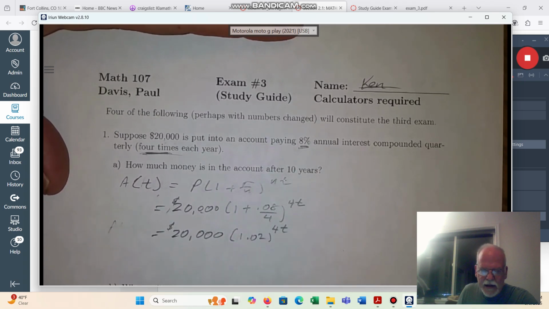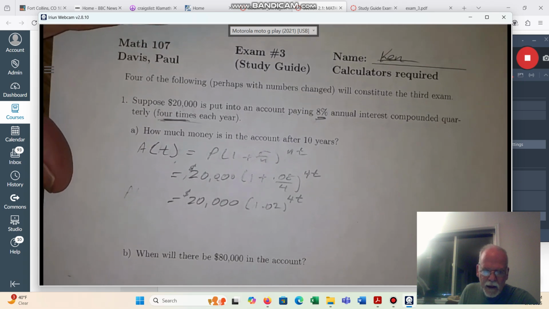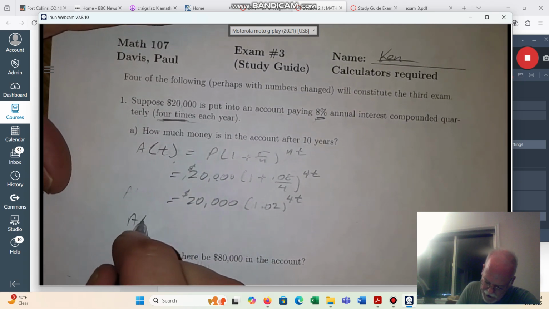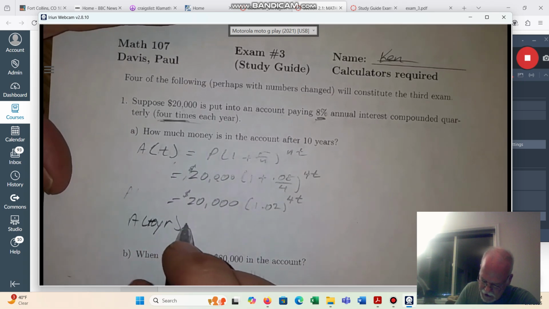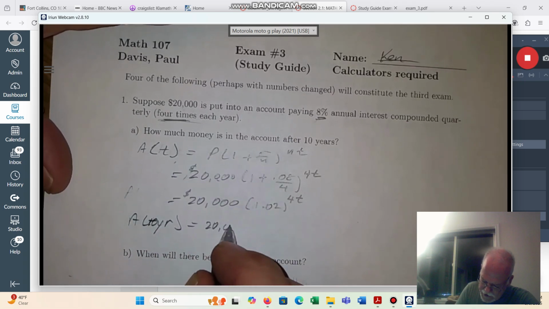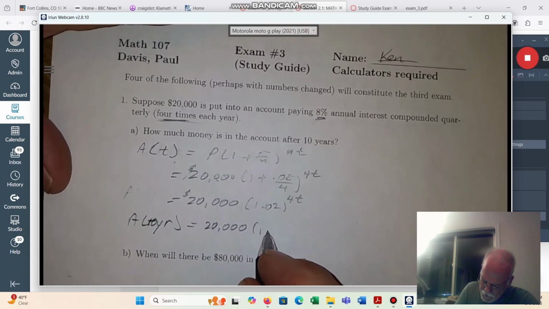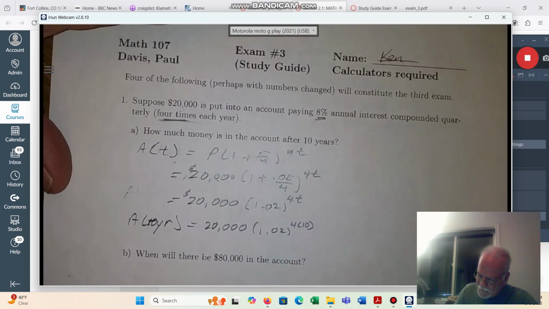When you multiply that, that's 1.02. And I want A of 10 years. So that'd be $20,000 times 1.02 to the 4 times 10 power.